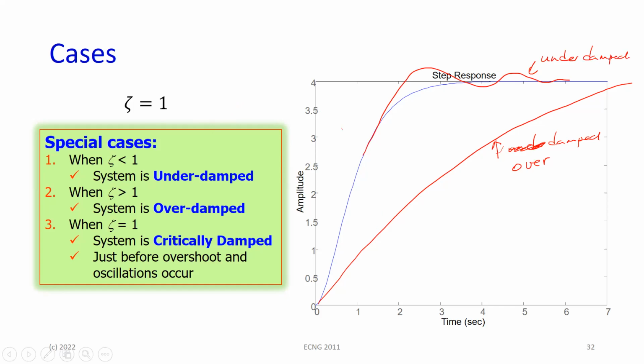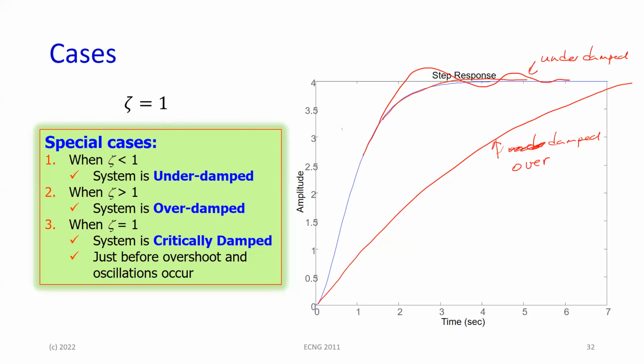And when zeta is exactly equal to 1, we get it behaving just like this, where there's no overshoot, and we call this critically damped. Underdamped is when you're getting a certain amount of oscillations. If it's severely underdamped, you're going to get this thing bouncing all over the place.